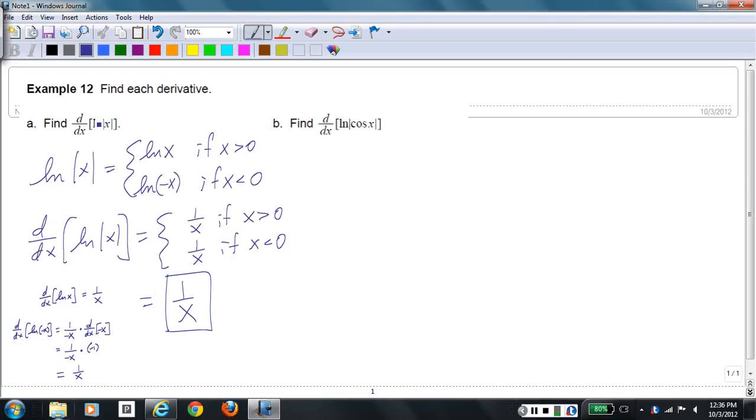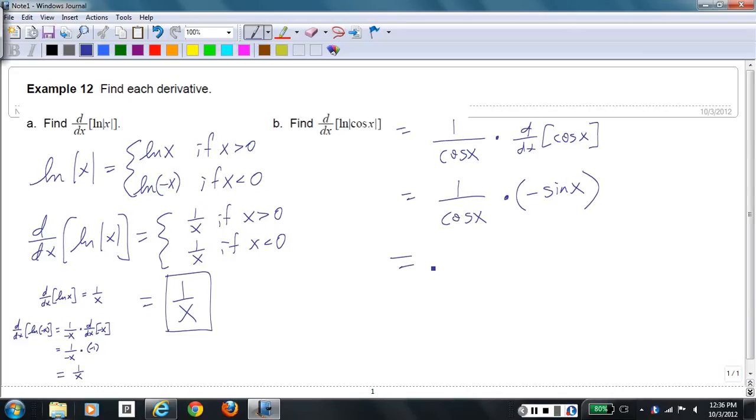Since now we know the derivative of the natural log of the absolute value of x, this is going to equal 1 over cosine x times the derivative of cosine x. So this equals 1 over cosine x times negative sine x, which equals negative tangent x.